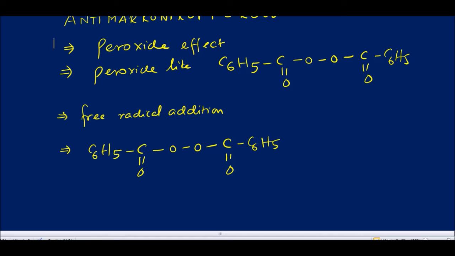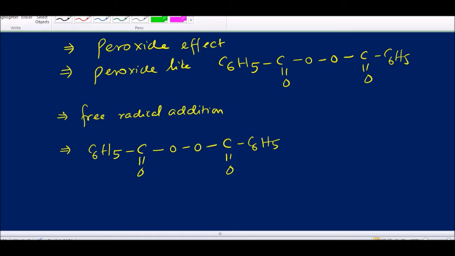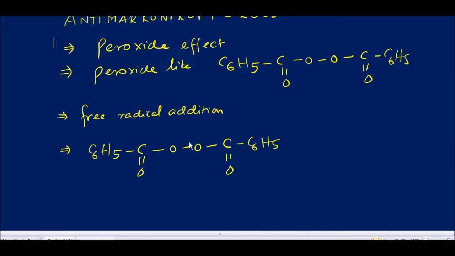In stage 1, there is a chance of homolytic cleavage. The bond is breaking up homolytically. As a result of that, we can have two free radicals like this.